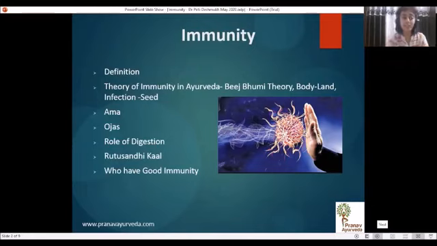If our digestion is strong and ojas rather than ama predominates in our body, then the seeds of infection will not be able to take hold, as seeds will not take root in land that is infertile.